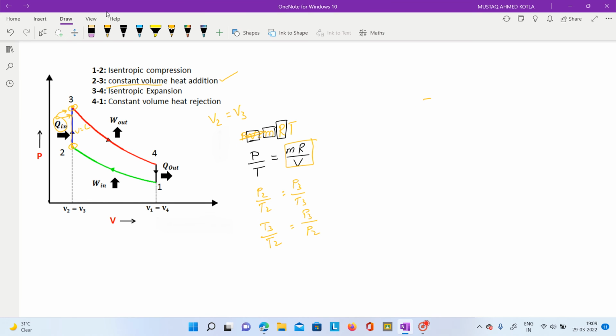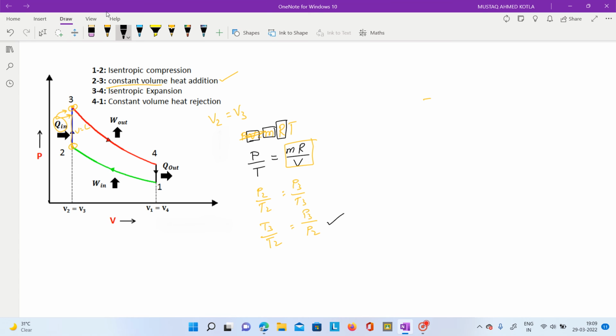T2 by T3 equals to P2 by P3. By this, we can get many problems. T2 by T3 we can solve, and also pressure we got here. Here heat is adding. This is correct. No issue. I think I saw a different book. But it is correct.